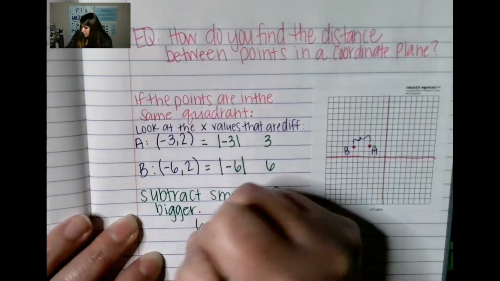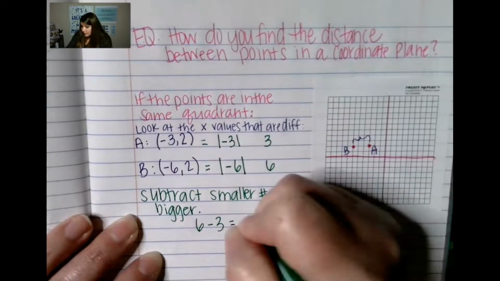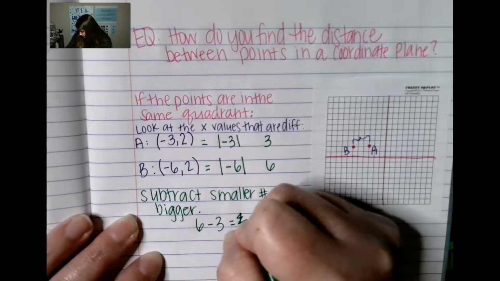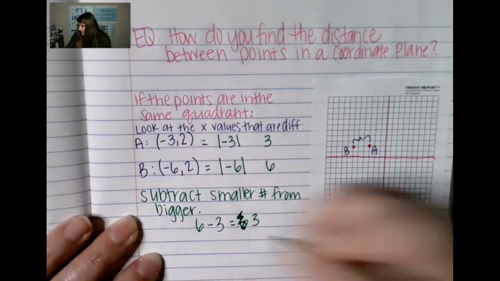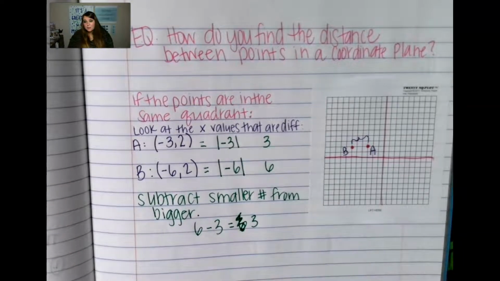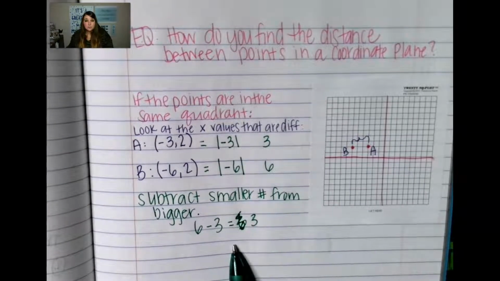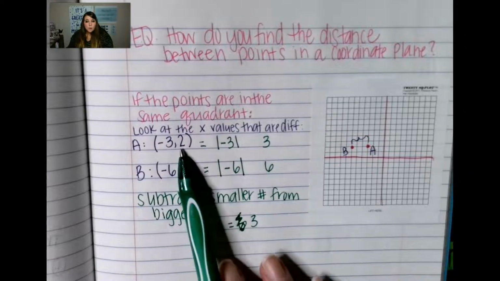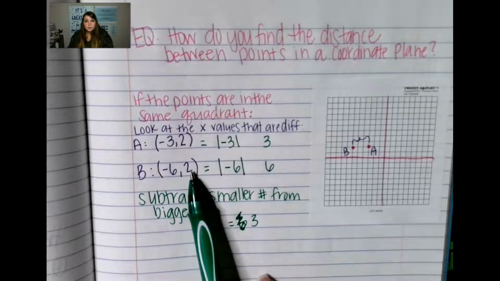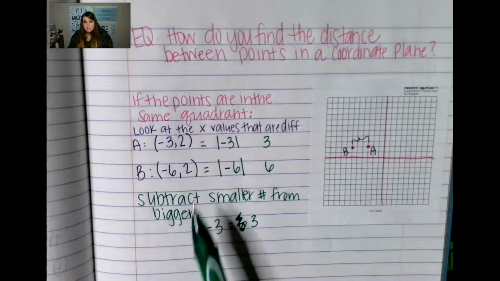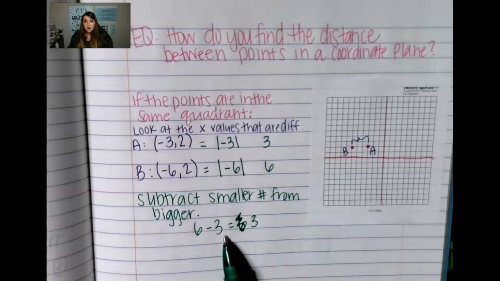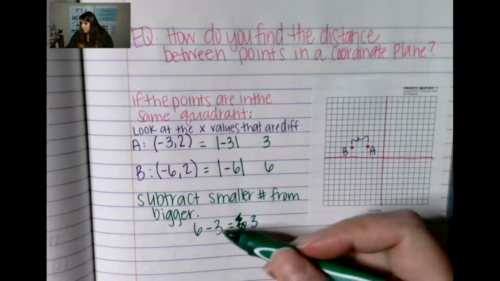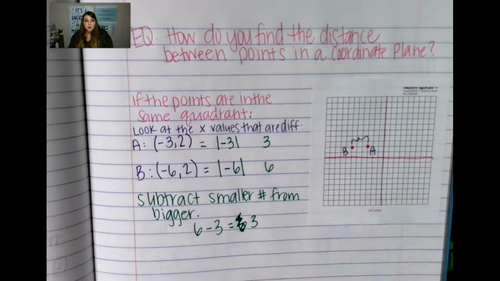So we would go 6 minus 3, and that gives us 3. So because you counted the points, or you could just subtract the absolute values of the ones that are different. If the y values were different, you would subtract the y values instead. So these points are 6 minus 3, which is 3 spots apart.